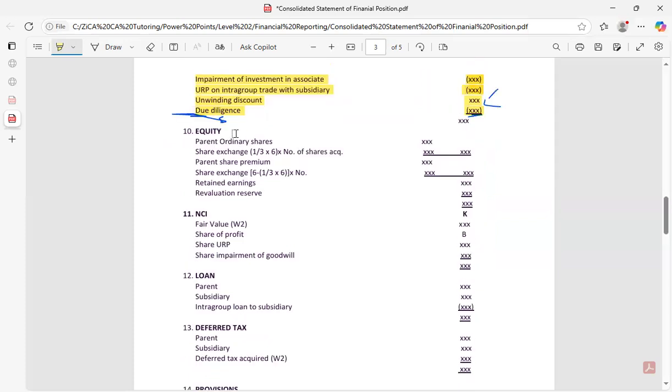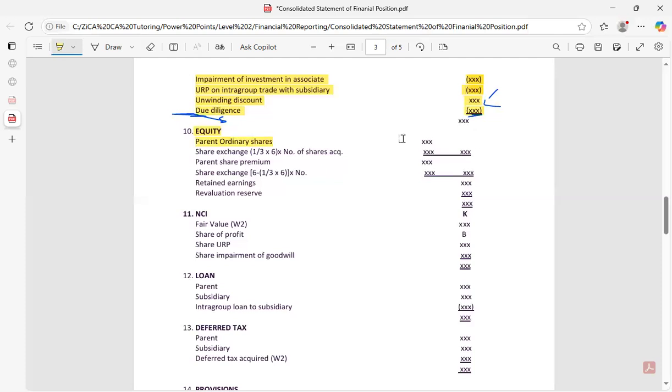And then you also have equity, right? The parent. So this equity includes the parent ordinary shares. So for the equity, it only has to include the information relating to the parent and the parent only, right?